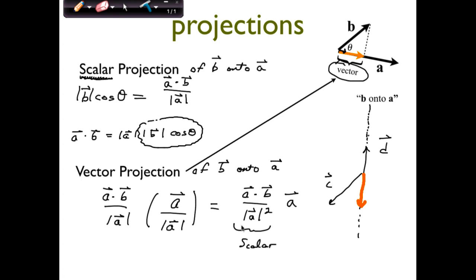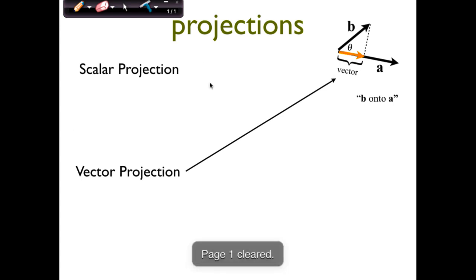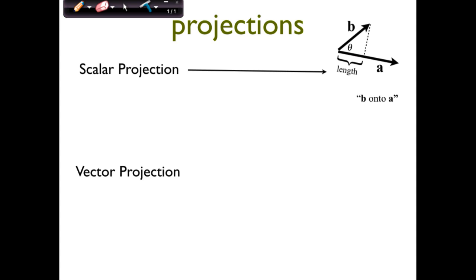Maybe. I wasn't really following what you're saying, so try me again. Let's go back. So what's the scalar projection? It's when you project B onto A, it's the length that you get. Do you see what I'm showing there? That's the scalar projection. Okay?